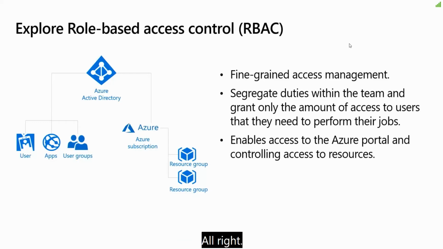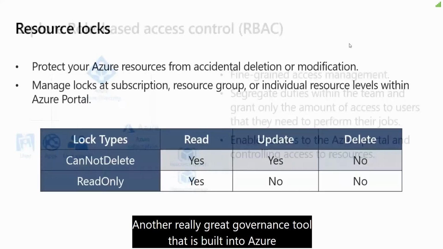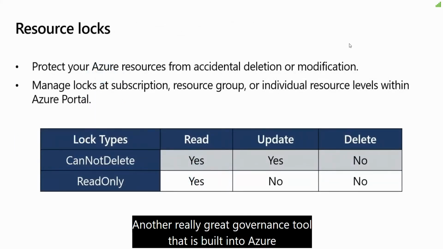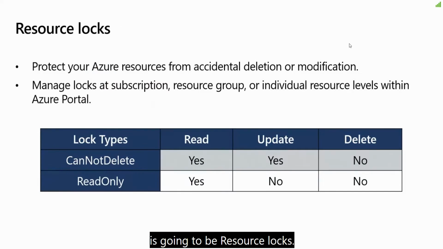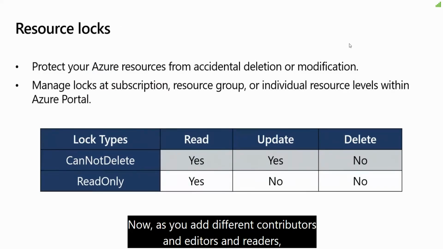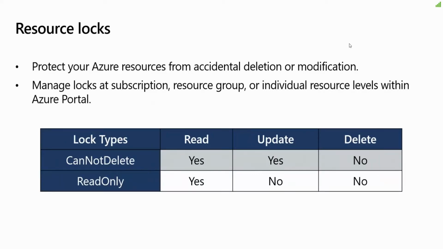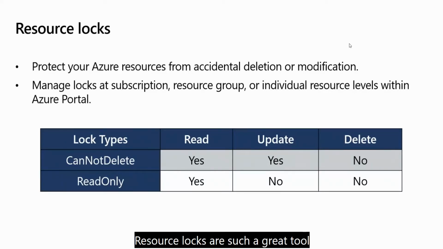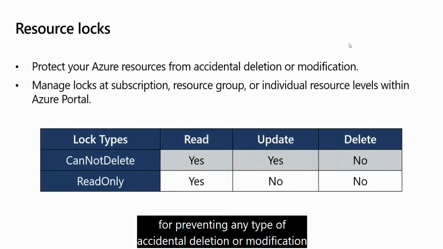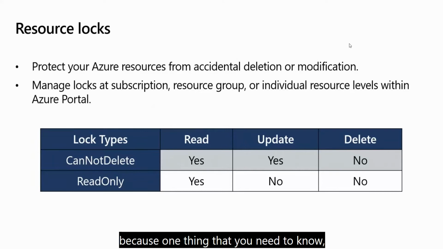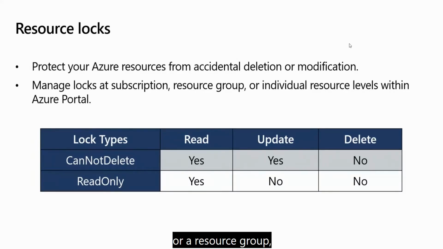All right. Another really great governance tool that is built into Azure is going to be resource locks. Now, as you add different contributors and editors and readers, and maybe you even add an owner, resource locks are such a great tool for preventing any type of accidental deletion or modification, because one thing that you need to know, when you delete a resource or a resource group, there is no going back.